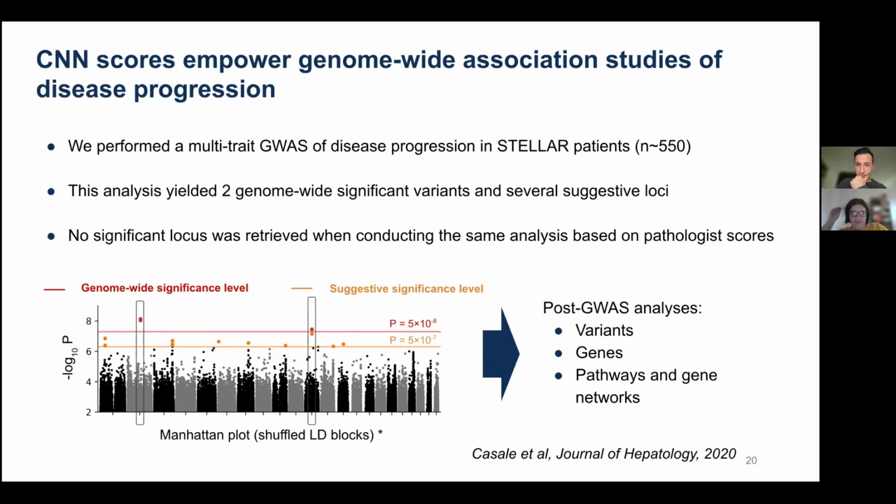What is suggestive significance? Oh, suggestive significance. Okay. It depends a bit on the context, so the exact level can change. Suggestive means interesting enough that we do follow-up analysis on the genes.